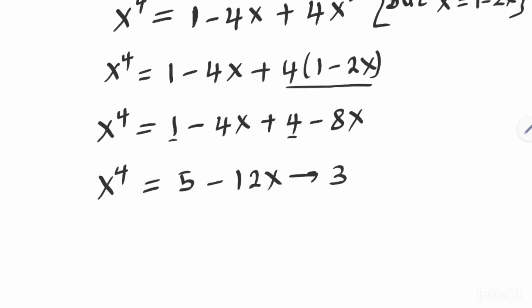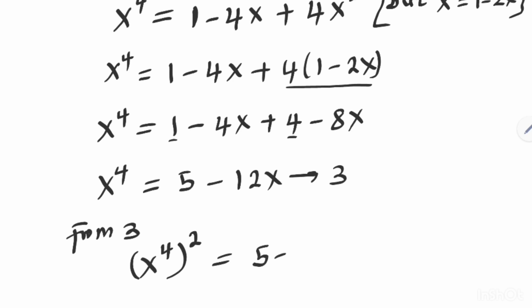Now from this equation 3, which is x raised to power 4 equal to 5 minus 12x, if you square both sides, x raised to power 4 all squared is equal to 5 minus 12x all squared.